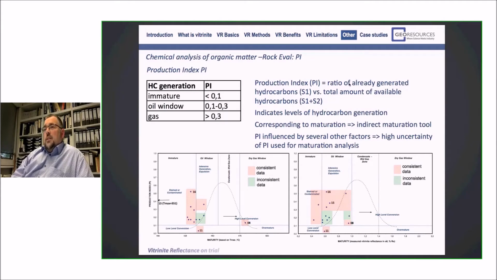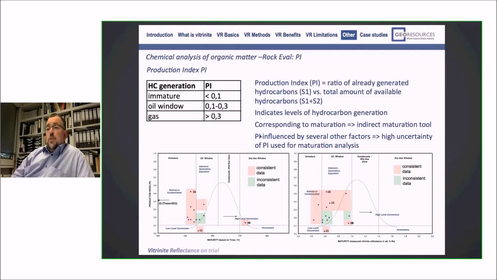The production index is the ratio of already generated hydrocarbons versus the total amount of available hydrocarbons. It's a sort of indicator of hydrocarbon generation, whether it has already started. This corresponds to the maturation, and therefore it's used as an indirect maturation tool.